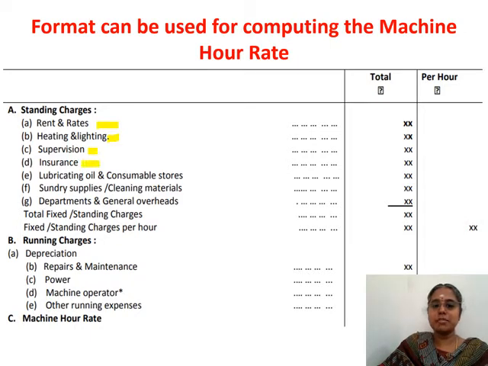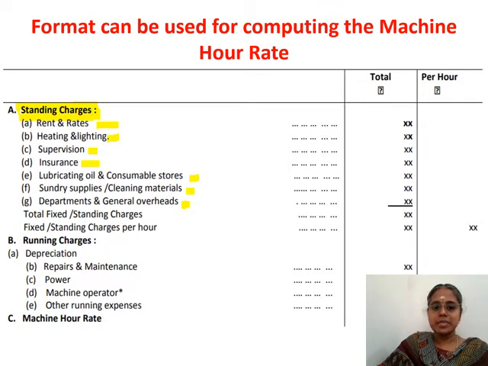Then insurance paid for that machine, lubricating oils and consumable stores, sundry supplies, cleaning materials. For cleaning and servicing, you may hire some people, so the cost for those people and the suppliers, and the other general overheads may be apportioned for this. These are all totaled, and this is called standing charges. So these standing charges you will use here.